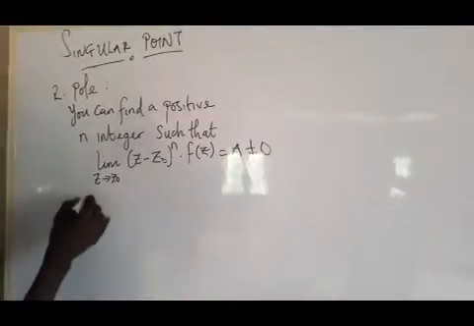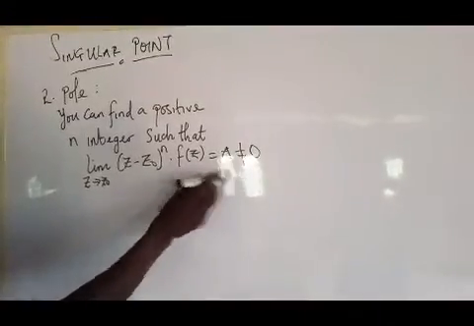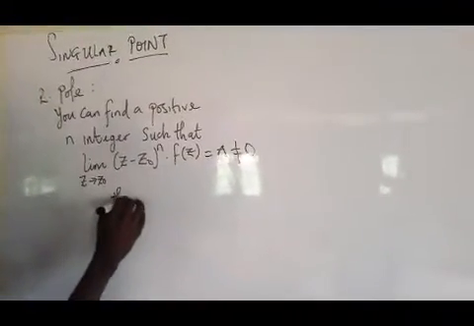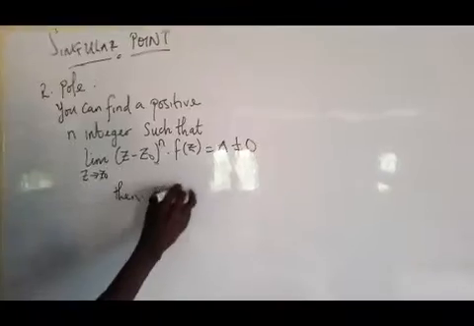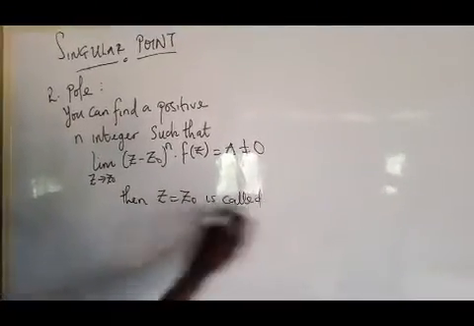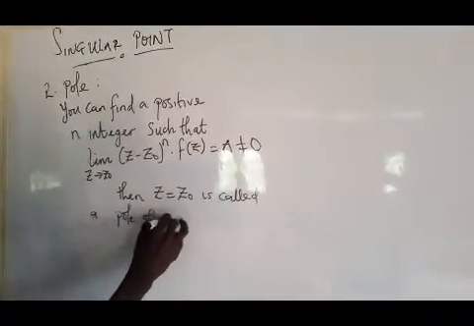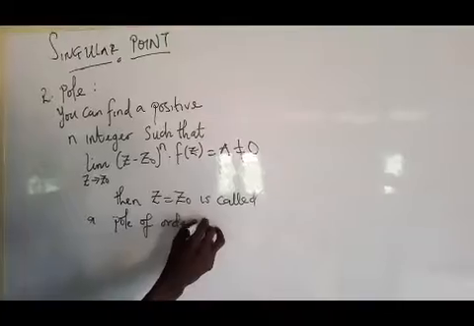All right. So if this occurs, if it is giving us a and not 0, then z equals z naught is called a pole of order n.